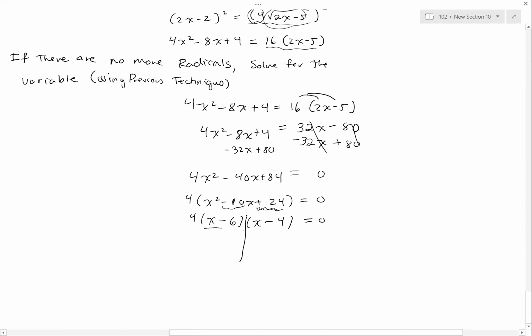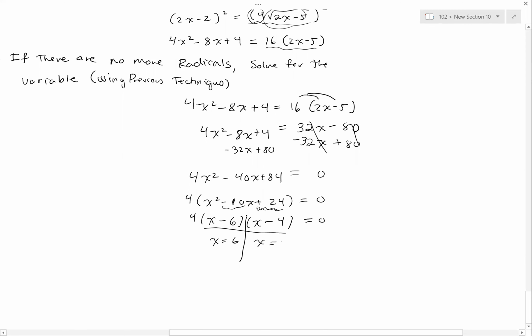And we set each of those factors equal to 0. And we'll get x is equal to 6, x is equal to 4. So let's go through this one more time. What have we done so far? We isolated one of the radicals that was already done for us. We squared both sides and fully simplified. That was this mess over here.